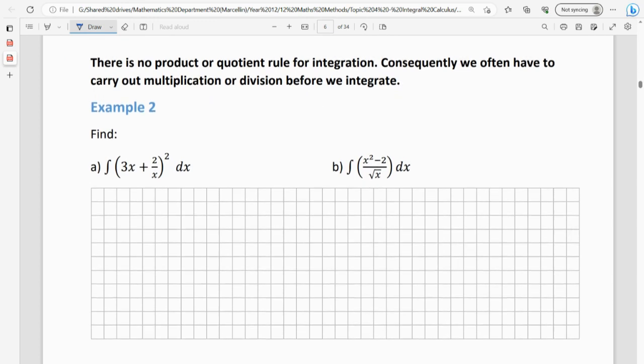Now, the thing about this is we do not have a product or a quotient rule like we do when we differentiate, which means we often have to be able to expand this before we can do this process of integration. So first of all, I'm going to expand this, which becomes 9x squared plus 2 times 3x times 2 on x plus 4 over x squared.